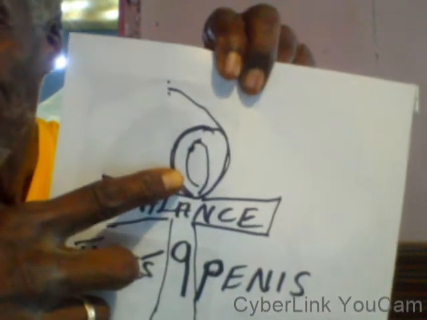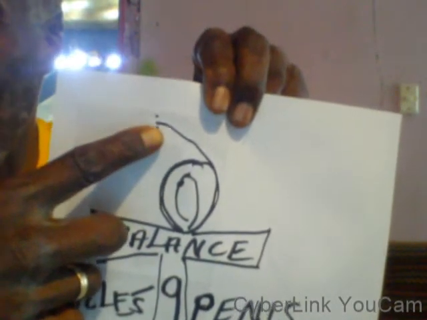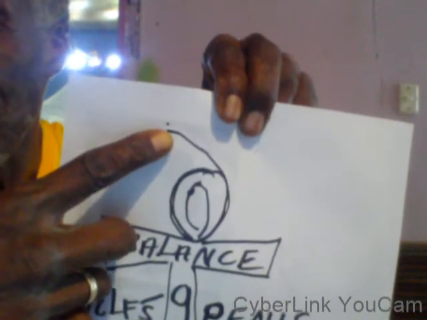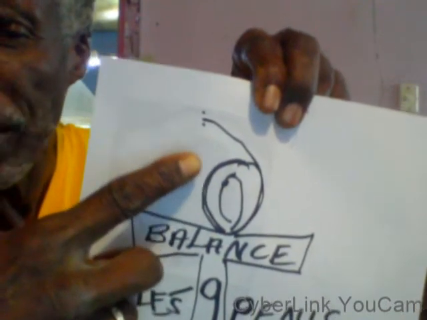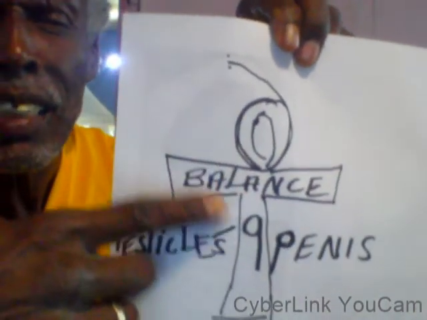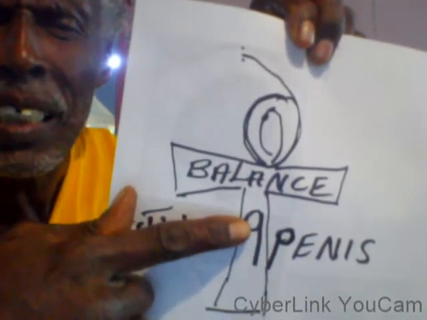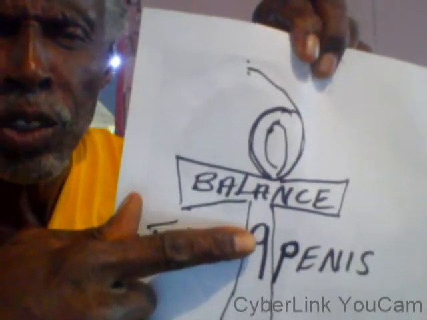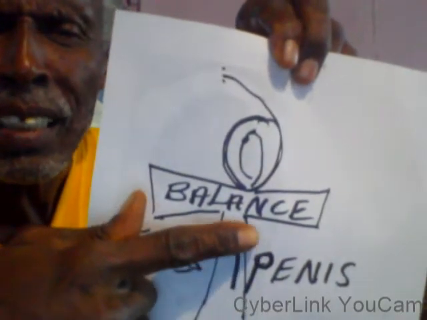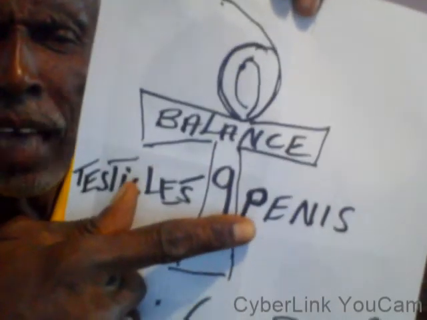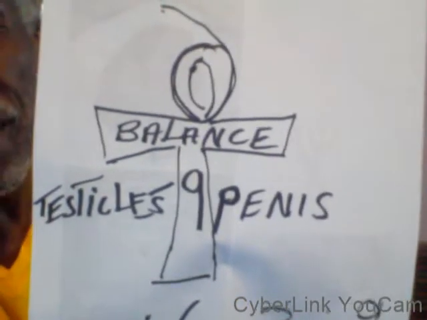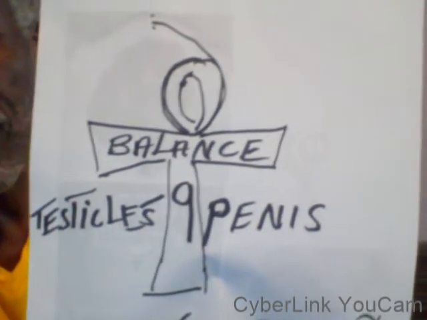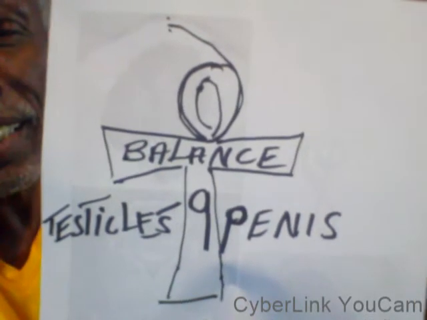The vagina, or the extension on top, represents the pubic hair that is connected to the vagina, but I just put one strand of hair to make it look like the 6. The balance and the penis, which is 9, as I said before, 69 is a sexual position, and the opposite of 9 is P, and penis starts with a P. So you see how everything comes in order. 3, 6, 9. Right? So there it is.